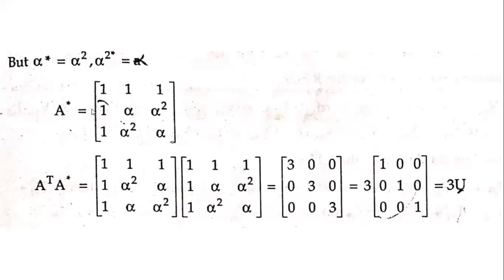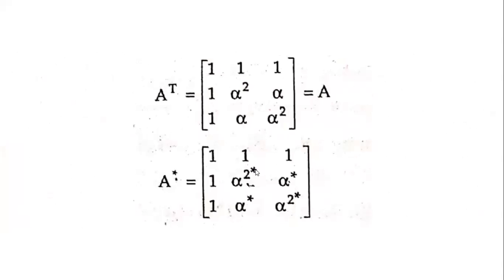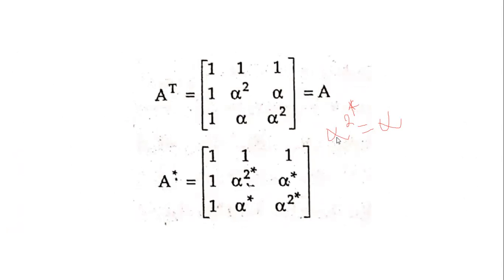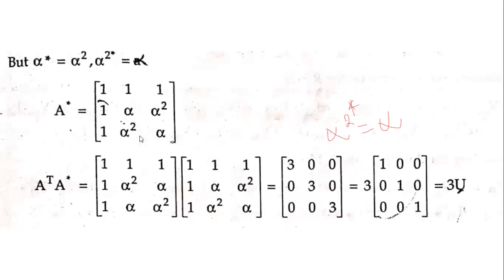Remember that. When we substitute these values in the A conjugate matrix, we obtain A conjugate equal to 1, 1, 1; 1, alpha, alpha square; 1, alpha square, alpha.